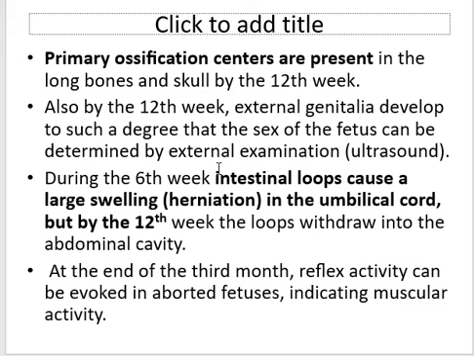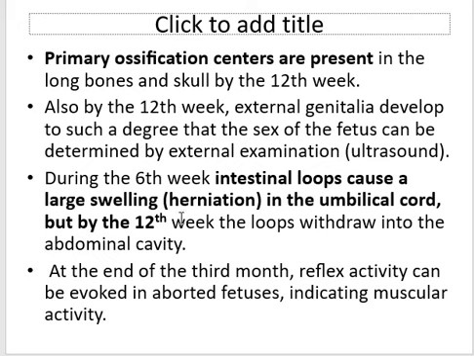During the 6th week, intestinal loops cause a large swelling in the umbilical cord. Intestinal loops are extruding outside. So this is called herniation in the umbilical cord, as intestinal loops come from the abdominal cavity to the umbilical cord.